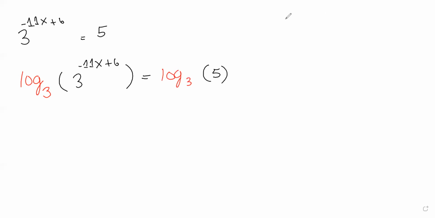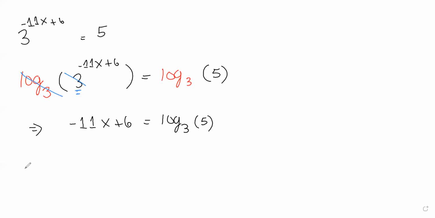I feel like this method better demonstrates the purpose of a logarithm. If the base of my logarithm matches the base of my exponent, they cancel. They're inverses. So this reduces to negative 11x plus 6, just the exponent, equals log base 3 of 5.